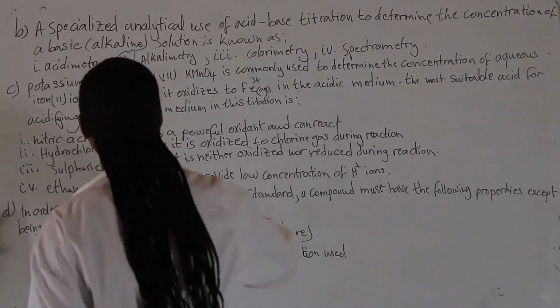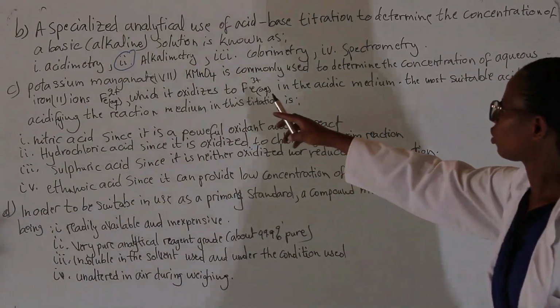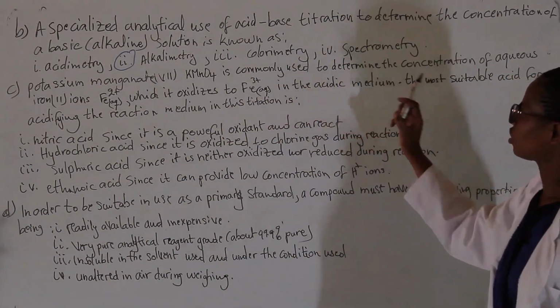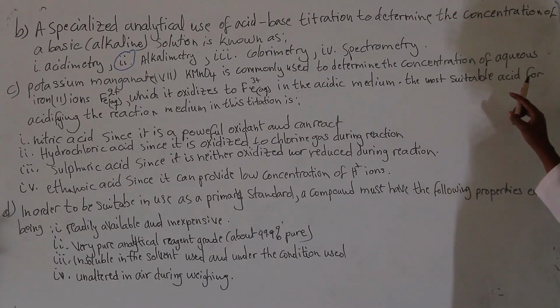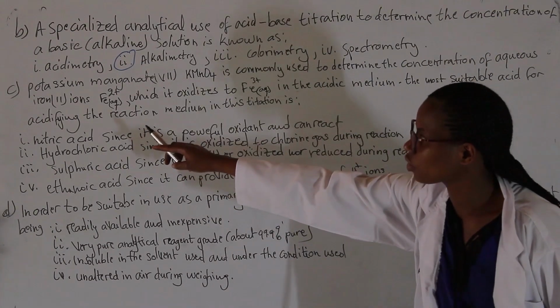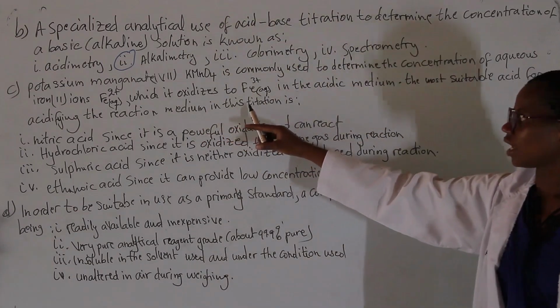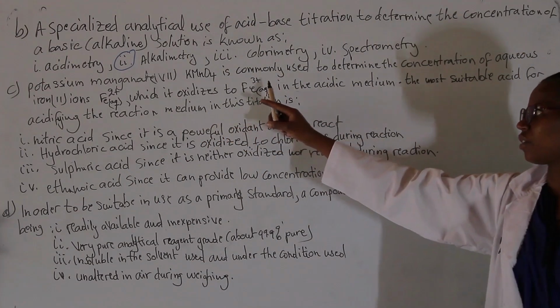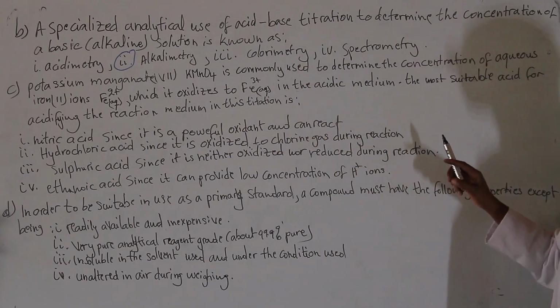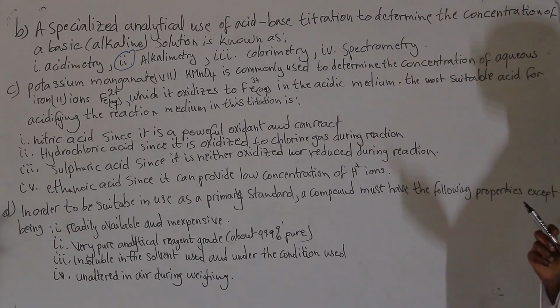For question number C, potassium manganate(VII) is commonly used to determine the concentration of aqueous iron(II) ions, which it oxidizes to iron(III) ions in an acidic medium.